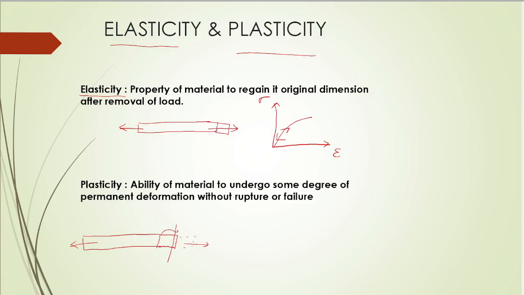This particular deformation is known as plastic deformation. This is a permanent deformation which cannot be regained again. In this case, the stress strain curve doesn't follow the original path. It may be something like this. This particular deformation is known as plastic deformation.